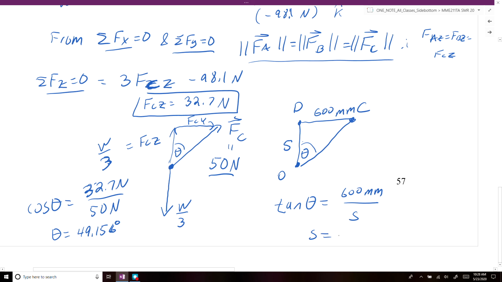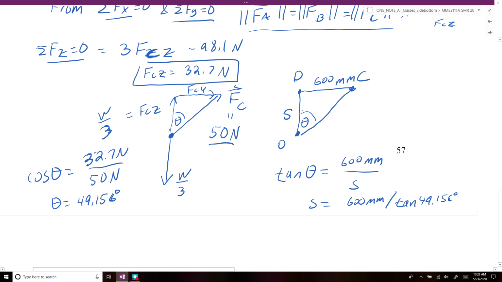So s would be equal to 600 millimeters divided by the tangent of 49.156 degrees. So s is going to be equal to 518.71 millimeters, or approximately 519 millimeters.